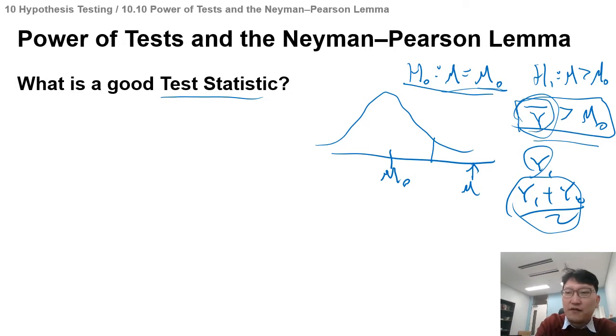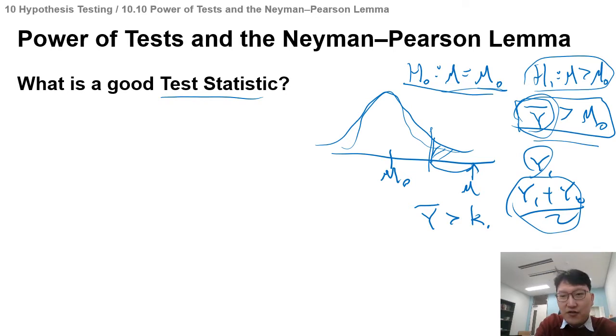If y bar is larger than k, that would be evidence that the alternative hypothesis is true. To do that, we want less variance, and then we will have more probability, so the rejection region would be larger.